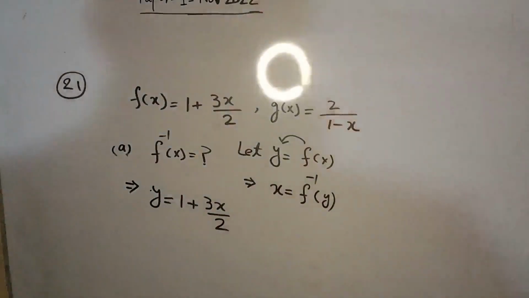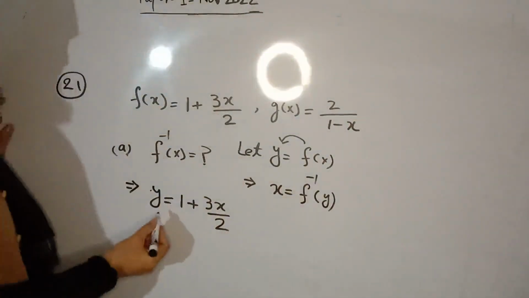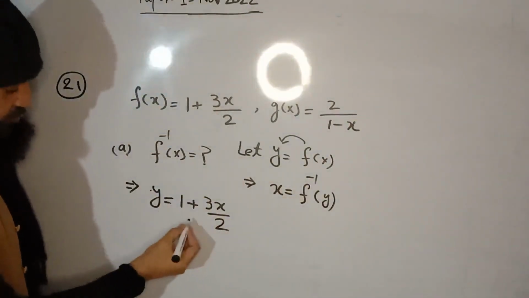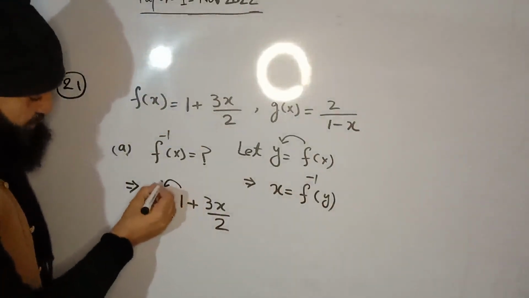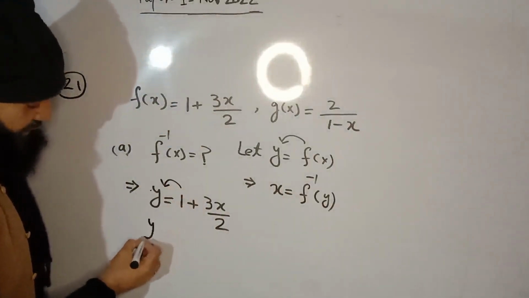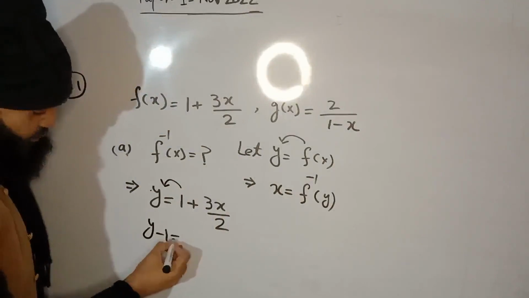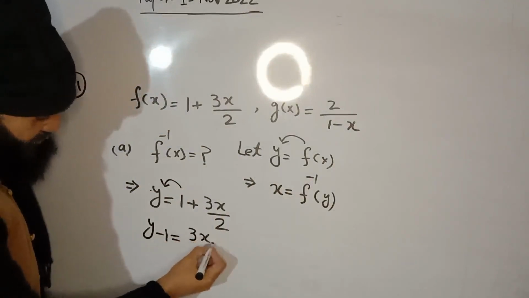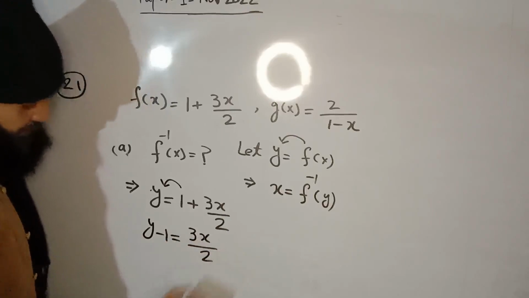First of all, we make x the subject of the formula here. If we shift 1 to the other side, this will become negative. So we get y minus 1 equals 3x over 2.